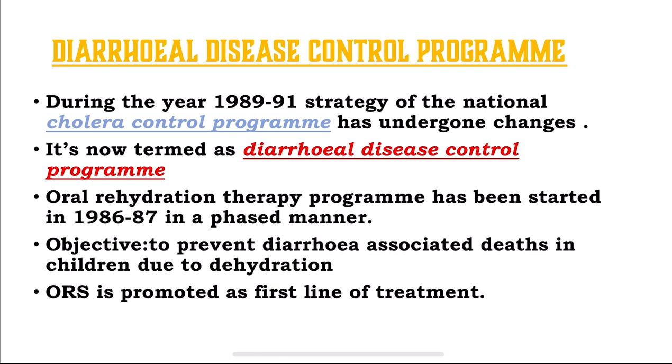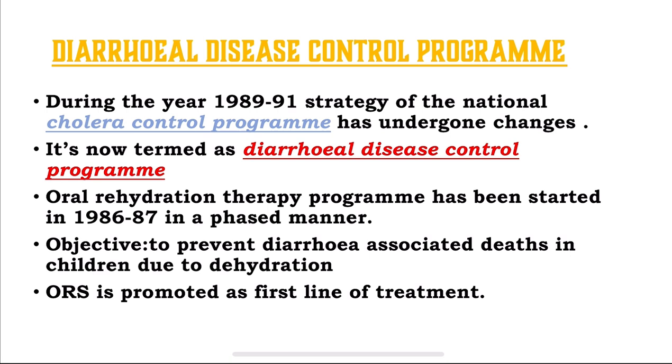The oral rehydration therapy program was started in 1986 and 87 in a phased manner. What is the objective of this program? The objective is to prevent diarrhea-associated death in children due to dehydration. We want to prevent the deaths occurring due to diarrhea, especially those leading to dehydration and death in children.